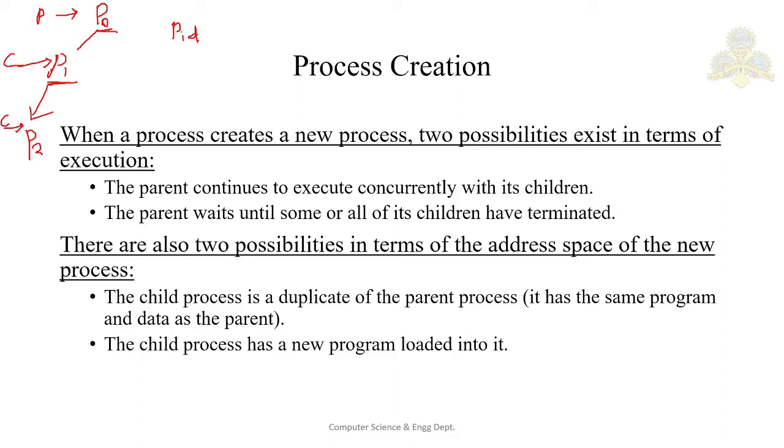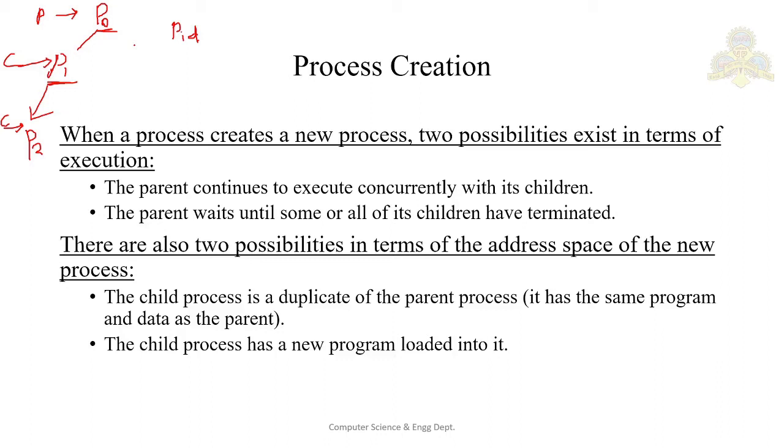So whenever a process creates a single child or multiple children, the parent can continue execution along with its children, or the parent will wait till some or all of its children have executed successfully, that means they have terminated.